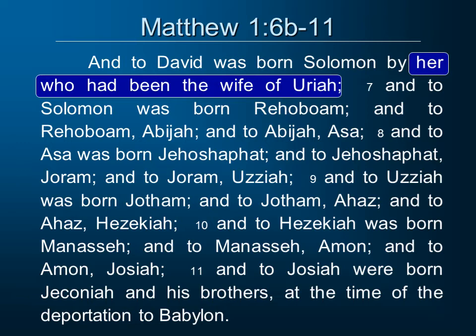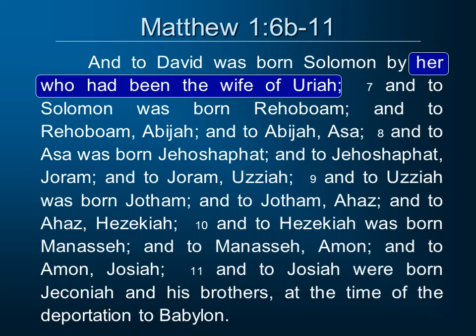And so the genealogy continues. And to Solomon was born Rehoboam, and to Rehoboam Abijah, and to Abijah Asa, and to Asa was born Jehoshaphat, and to Jehoshaphat Joram, and to Joram Uzziah, and to Uzziah was born Jotham, and to Jotham Ahaz, and to Ahaz Hezekiah, and to Hezekiah was born Manasseh, and to Manasseh Ammon, and to Ammon Josiah, and to Josiah were born, and now it slows down a bit again, Jeconiah and his brothers.